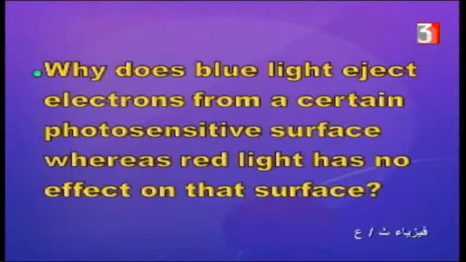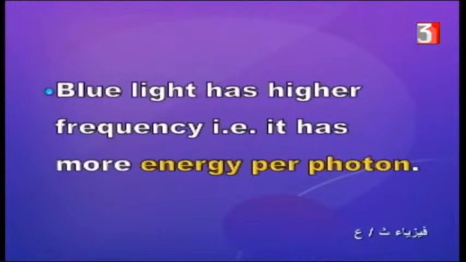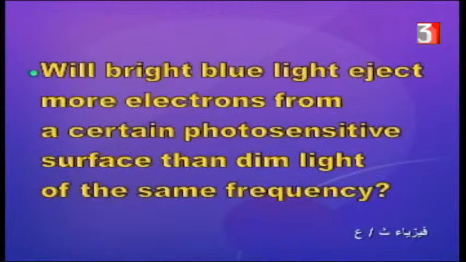Red has the longest visible wavelength, but blue has the shortest. Short wavelength means high frequency. High frequency means high energy. So the energy per photon for blue light is much greater than for red light. So the answer is: blue light has higher frequency, that is to say, more energy per photon than red.